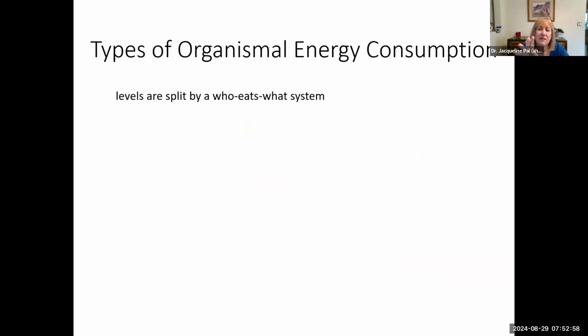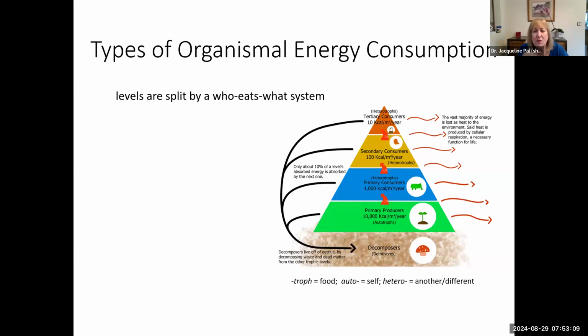So, just to take a moment to review what you probably learned in grade school, you learned the whole who eats what system, not super important for this class, but just to refresh your memory. There was this whole triangle, and down here at the bottom, you had the decomposers, and those were consumers who got their nutrients from dead organisms and organic waste.